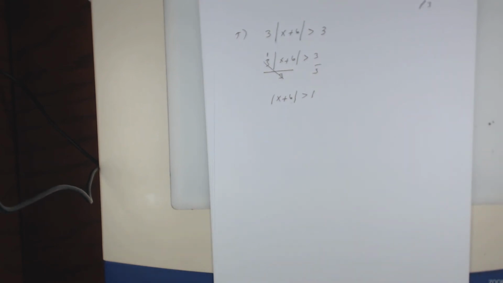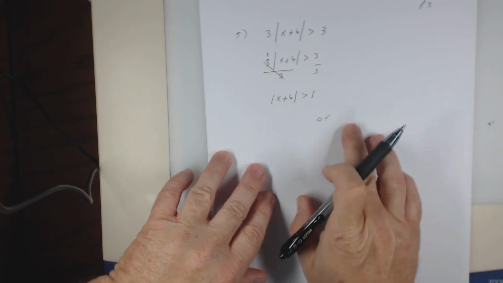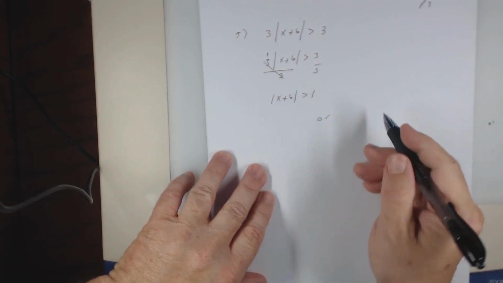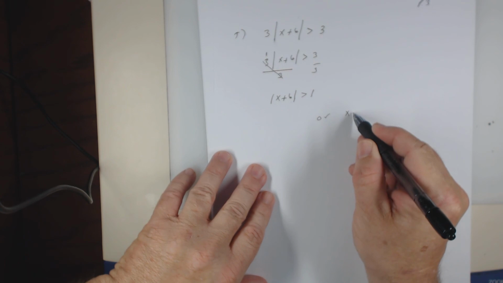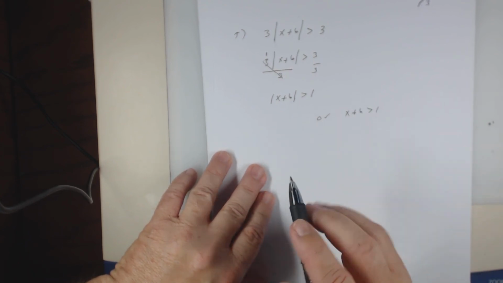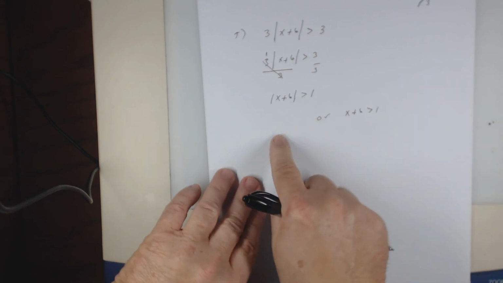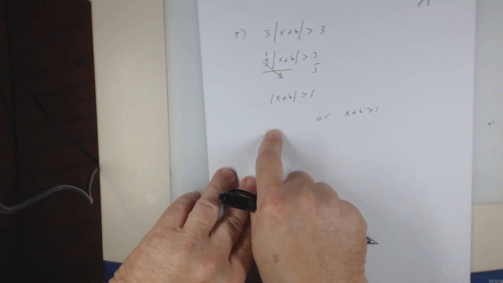All right, now from there we're going to rewrite it without the absolute value bars. And remember, that's an OR statement. So what's going to go here on the right? X plus 6 is greater than 1. Now remember, a common mistake people make is that they stop here and solve this one, but you're forgetting about the other one, right? So be careful.